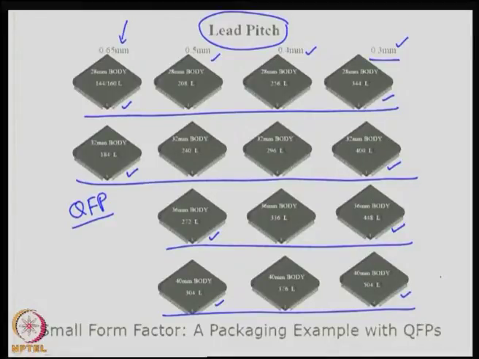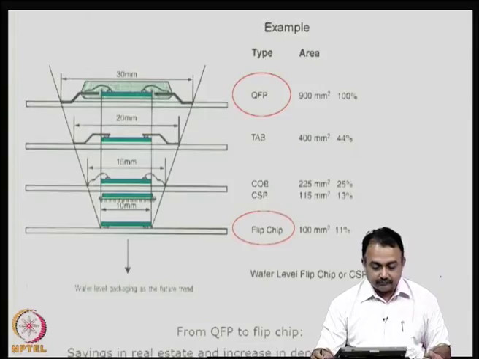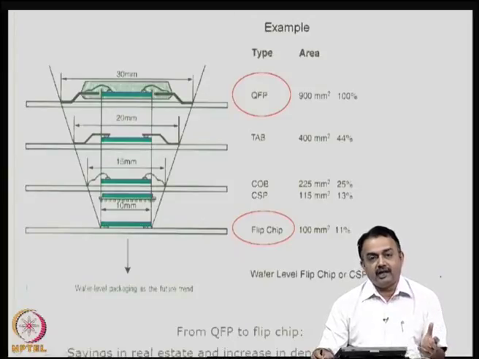This has been illustrated here to give you an impression about the impact of lead pitches on packages of a similar type. So, you can expect that in different package formats the impact will be much larger.